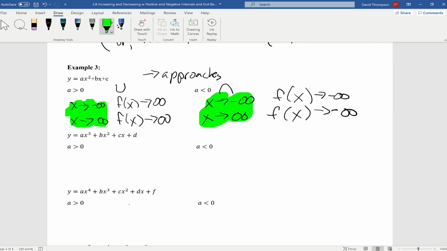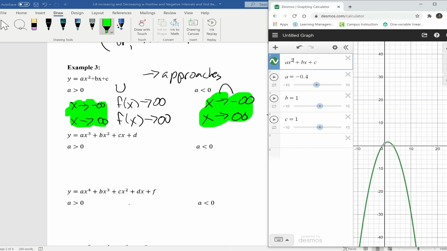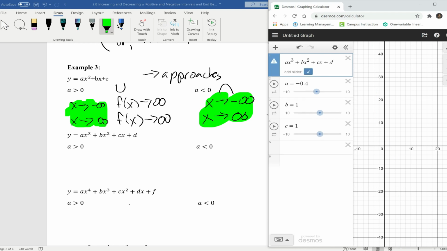So now let's change our function to y equals ax cubed plus bx squared plus cx plus d. So let's change this to a third power, raise this to a second power, give us a cx plus d.